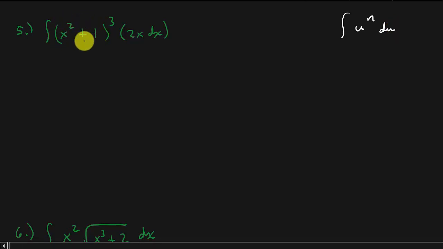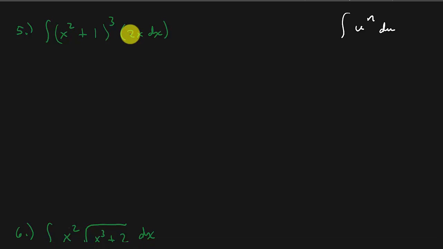And what I like to do is a quick little check. If I look inside the parentheses, what's the derivative of this? Well, the derivative of x squared plus 1 is 2x. Do you see how I have a 2x out here? Okay, that's a good thing, that it matches.